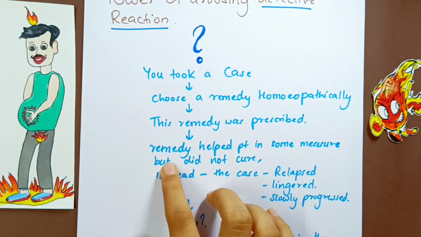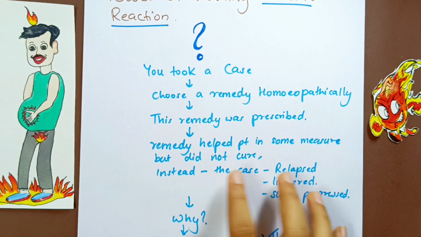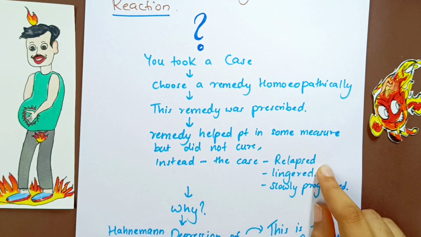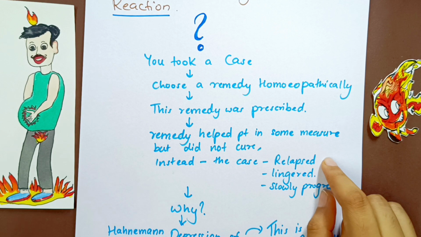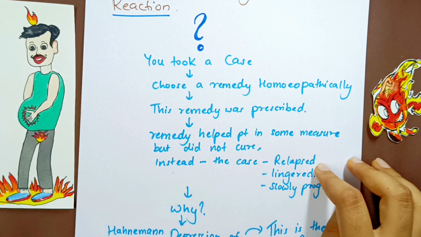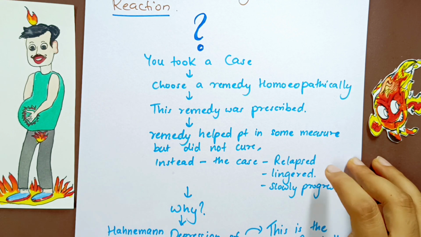Now, this remedy helped the patient in some measure, but did not cure. Instead, the case may have relapsed. What is the meaning of relapsed? Like for example, you gave the remedy, and the patient now just felt very good, completely better. But after 2 months, he again comes to you for the same complaint. That is the meaning of relapsed. So the same complaint comes again, or maybe lingered.